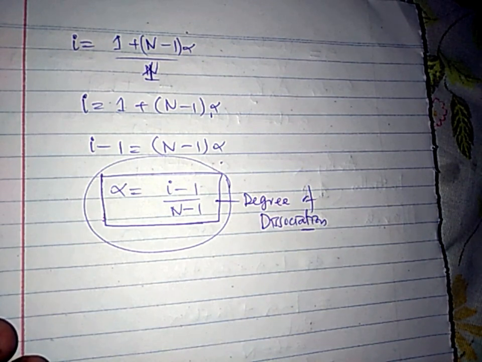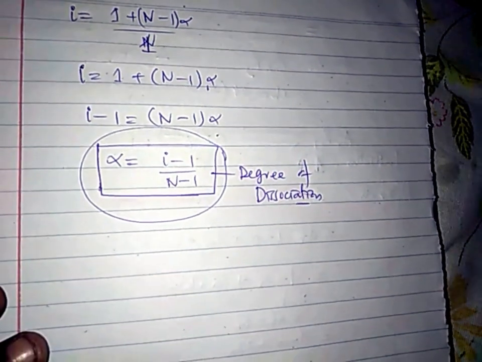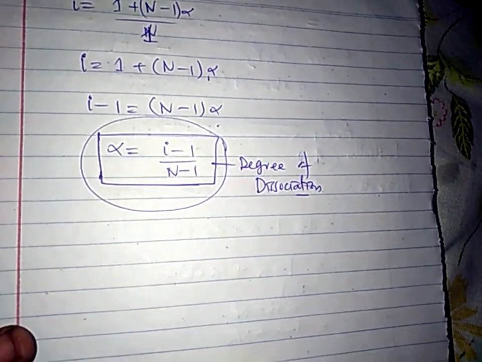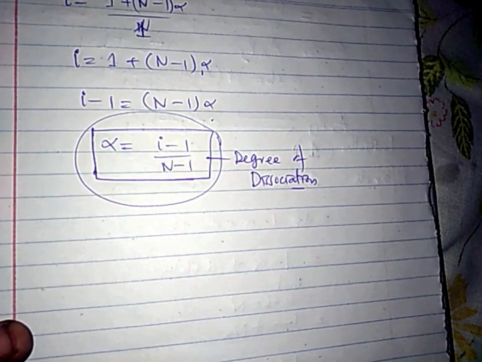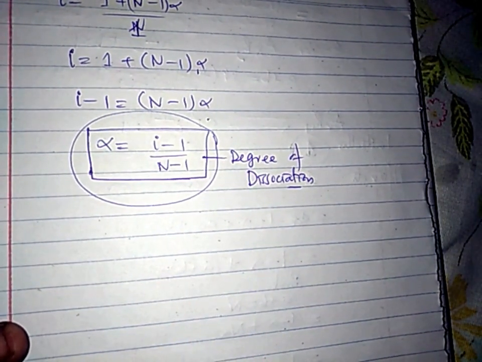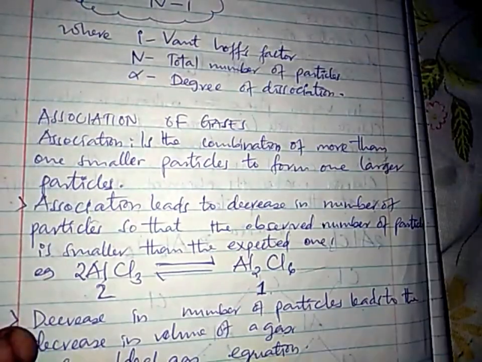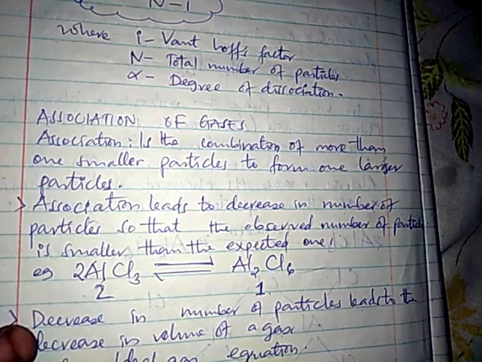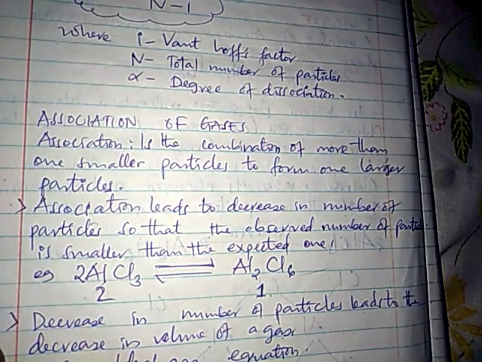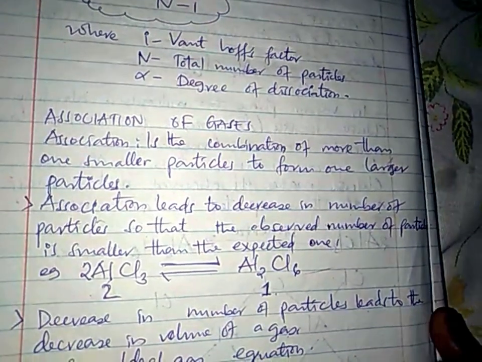Kwa hiyo let me end up here in this formula, and in the next session I will go to look about the association of gases, how the degree of association can be calculated. This is the formula for degree of dissociation. Now in the next session we will be looking at the concept of association of gases and how the degree of association can be calculated.